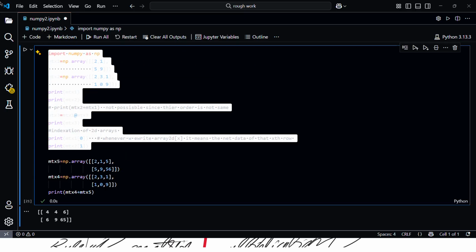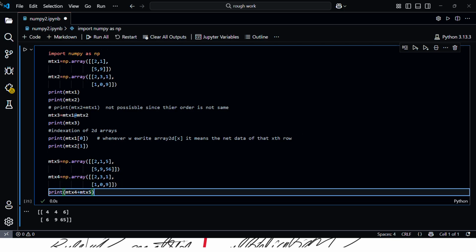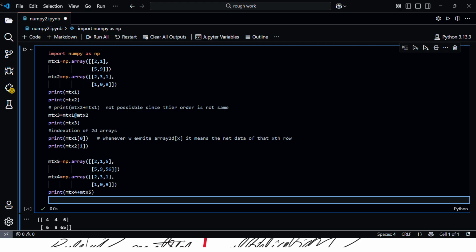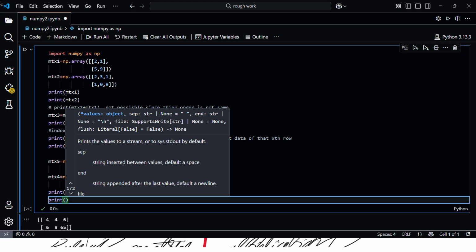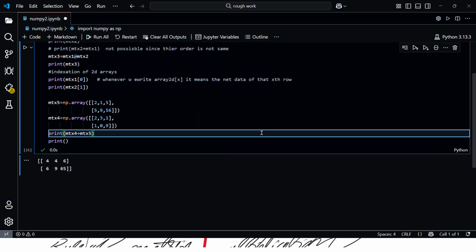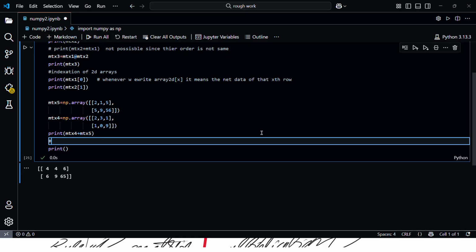The next topic is finding out the order, shape, size and dimension of matrix or 2D arrays using Numpy property, not function.